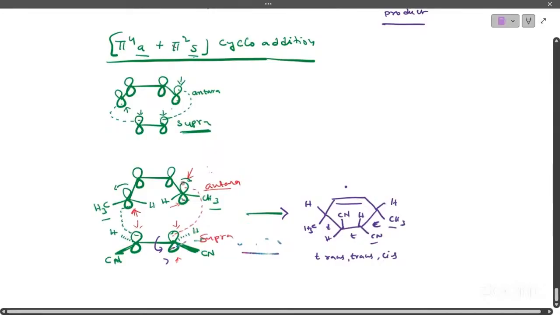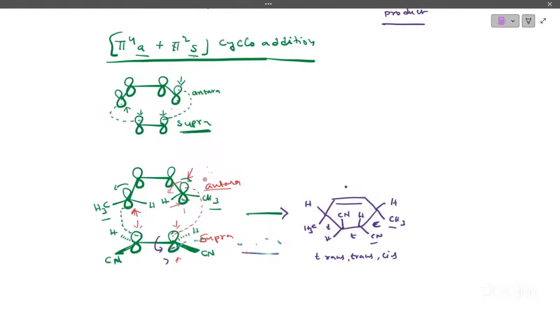Once it becomes the antara, it is undergoing C-C bond rotation. Therefore, at the center, the stereochemistry is changed.